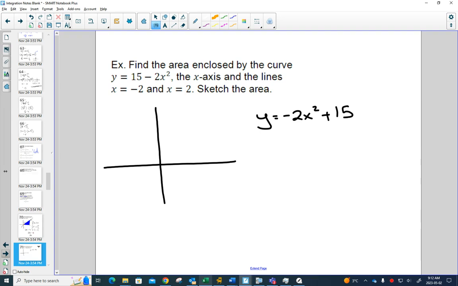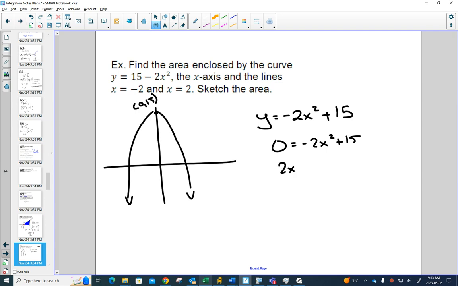So some things to know about this graph. It's going to have the vertex at 0, 15. It's going to be opening down. If you wanted to, you could find the x-intercepts by plugging in 0 for y, to be at plus or minus the square root of 7.5, which is somewhere between 2 and 3.